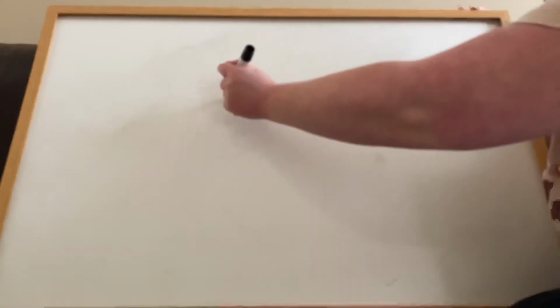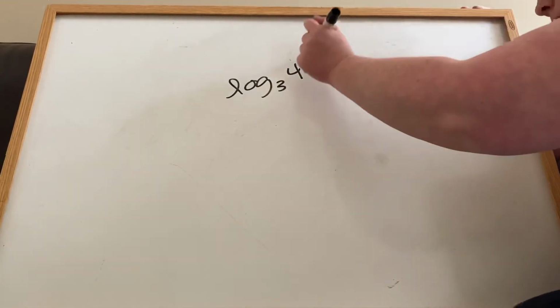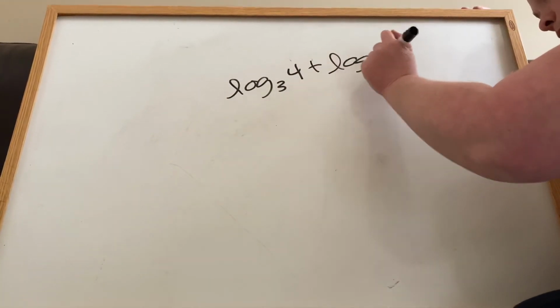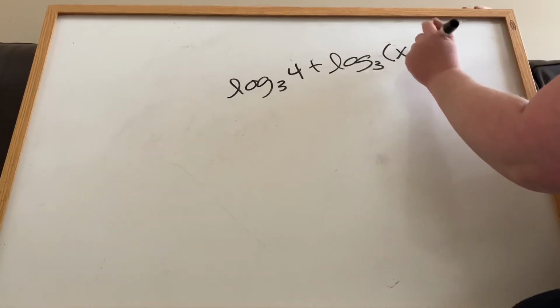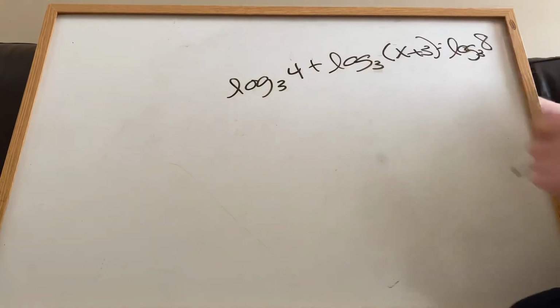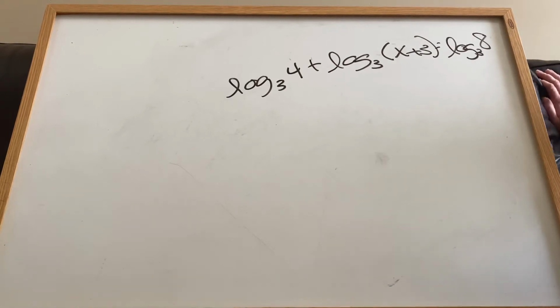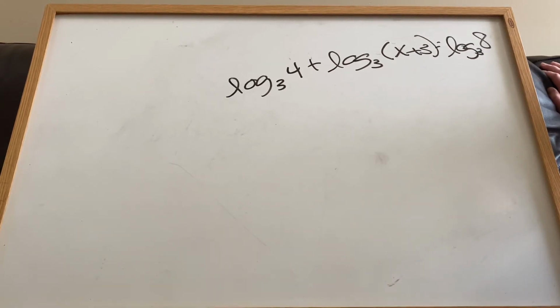Last one. Okay, so you have multiple logs on a side, so same thing, you want to make sure that you condense. When you are condensing and it is a plus, you are condensing with multiplication.